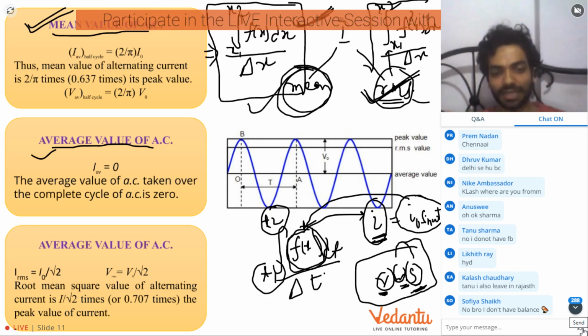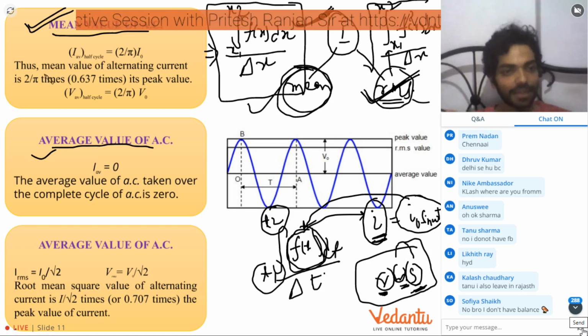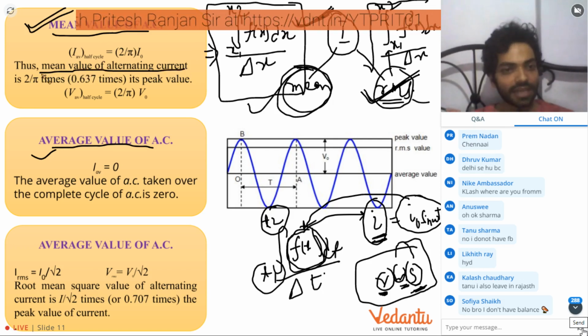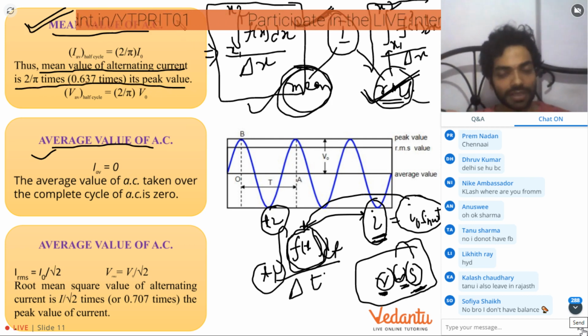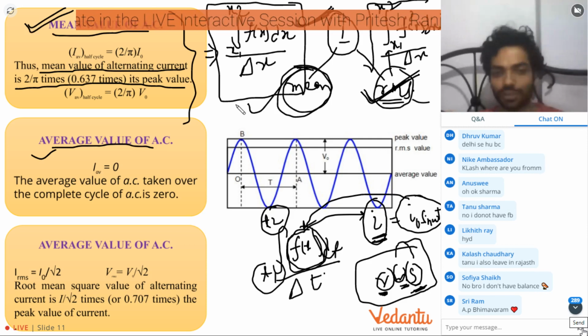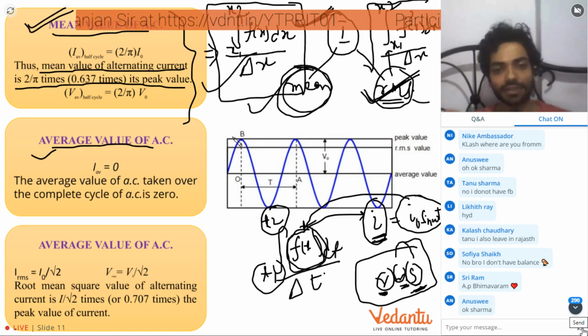Basically here we were talking about current. Here you can see the mean value of alternating current is 2 by pi times its peak value. Here they have given the mean value, and I'm suggesting you just go through this, use this formula and find the mean value over half cycle and full cycle.